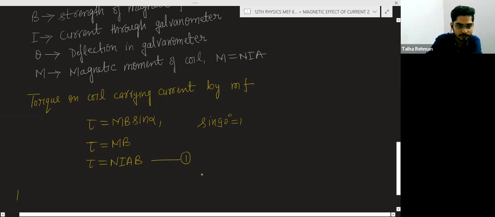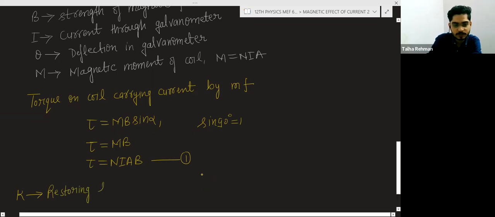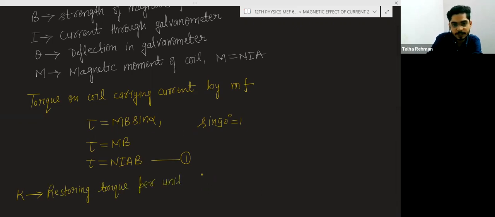So now k is the restoring torque per unit twist of spring.